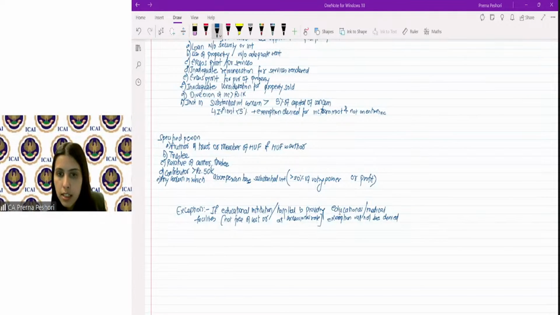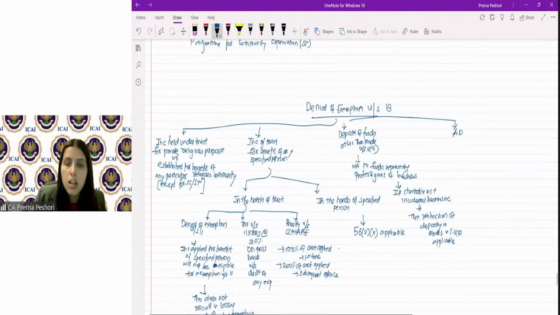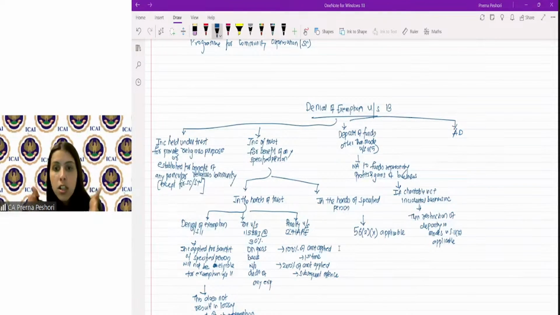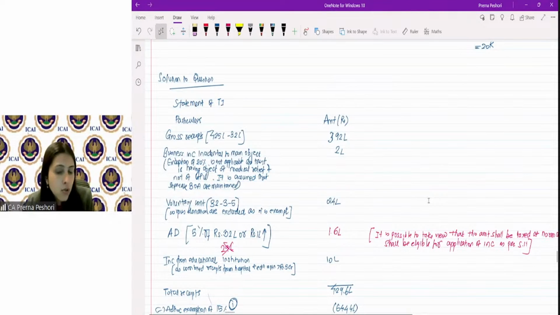Are we clear? Then what are the other situations in which the exemption will get denied? Anonymous donation. As I said, for anonymous donation, the portion in excess of 5% of the total donation or rupees 1 lakh will not be eligible for exemption. But we have taken a view, as you see in the question that we have solved over here, that the balance anonymous donation will be eligible for application of income as per section 11.